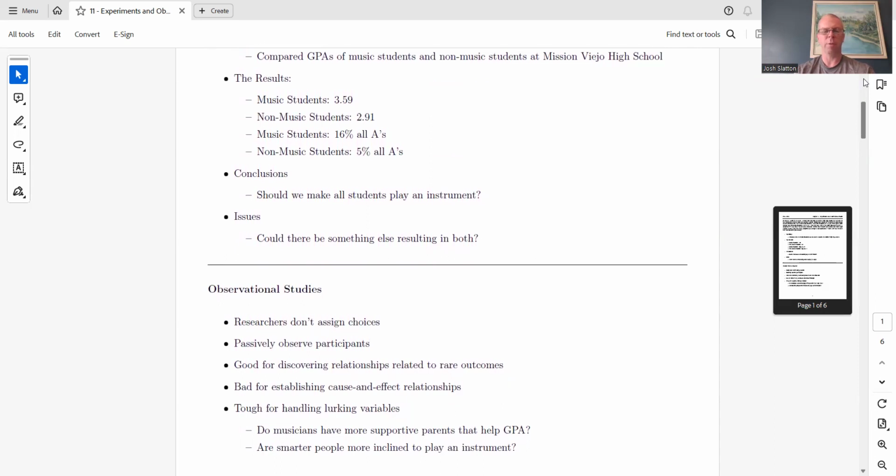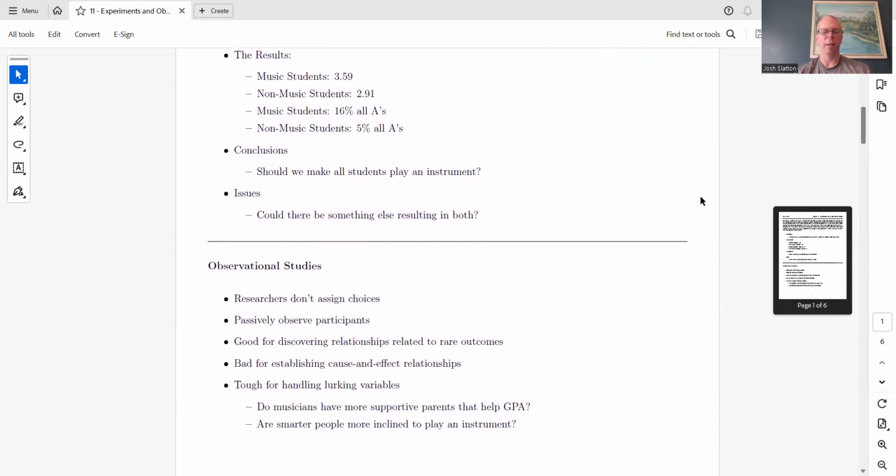So this is an observational study. Like I said, in an observational study, researchers do not assign choices. They passively observe the participants. This is good for discovering relationships, but it's bad for establishing cause and effect relationships. Think about when we've talked about scatter plots: you can see a relationship between two quantitative variables, but you can't say that one is causing the other to move in the way it's moving.